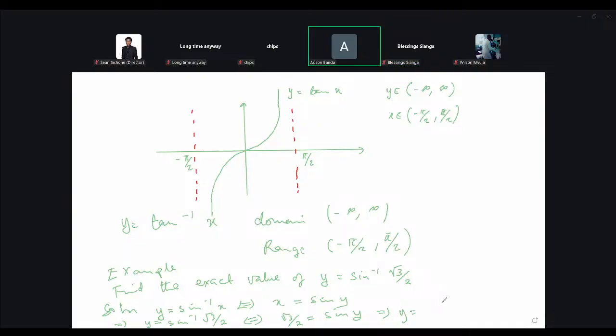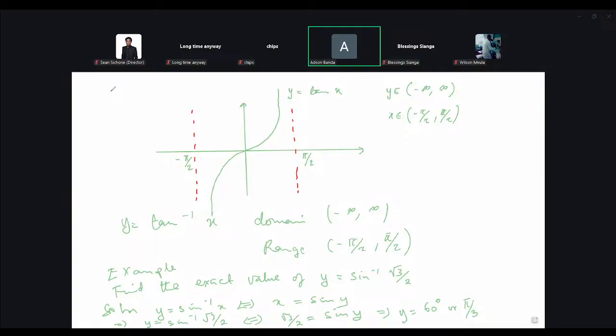So it means that y is equal to 60 degrees. Or in radians, what is 60 degrees in radians? Pi over 3. So that gives you pi over 3. That's all that we'll be looking at when it comes to the inverse.